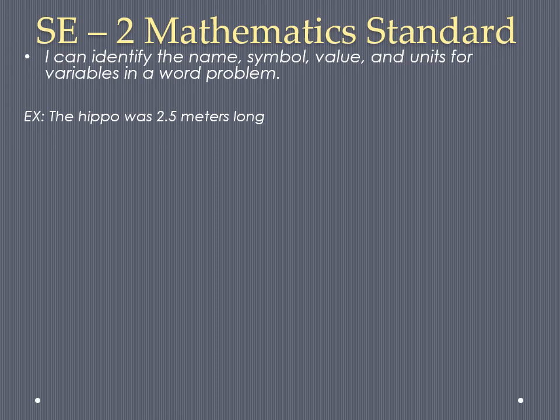So for example, if you read this little sentence, the hippo was 2.5 meters long, you should be able to, in the space below, write the name for that variable, which in this case would be the distance, the symbol that we use to represent that variable, or d, the value, which is 2.5, and then provide the units, which is meters, or m.